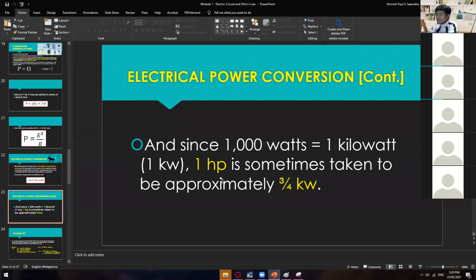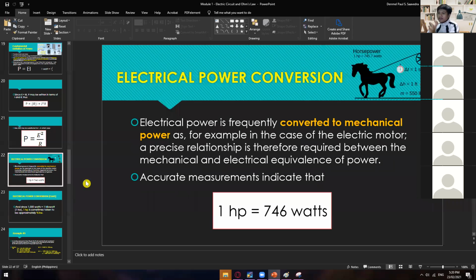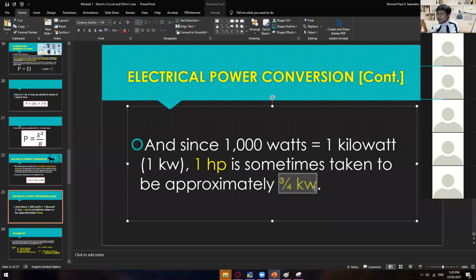Sorry for that. It's not that 1,000 horsepower is equal to 1 kilowatt, but that 1 horsepower is equal to 746 watts. So if we have 1 kilowatt, we have roughly 3/4 of a horsepower, like 0.75. You can just round up 746 to 750, wherein you will get exactly 3/4 horsepower for 1 kilowatt.